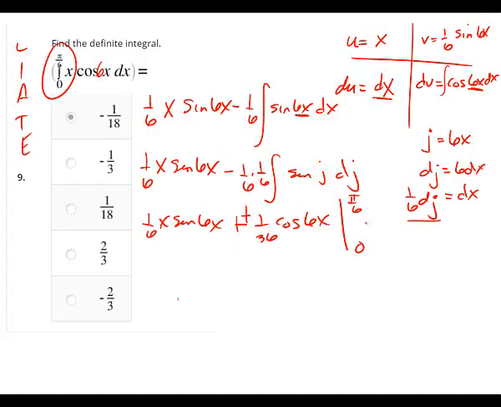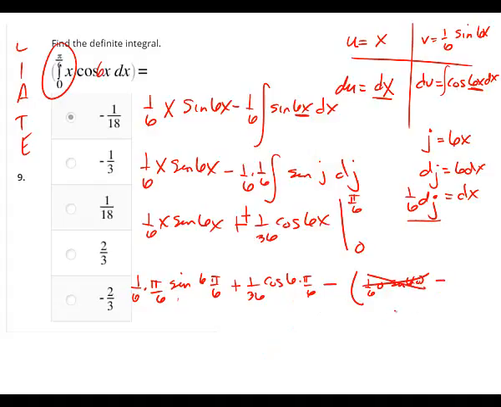All right, we're going to go ahead and plug in pi over 6 first. So we've got 1/6 times pi over 6, that's pi over 36, times sine of 6 times pi over 6, plus 1 over 36 cosine of 6 times pi over 6, minus, thank goodness, 1/6 times 0 times sine of 6 times 0, which is just 0, isn't it?